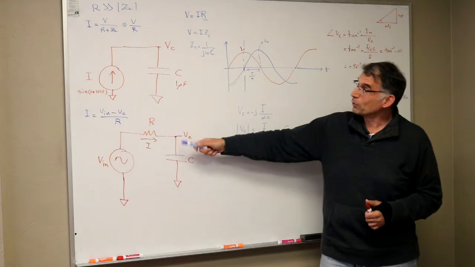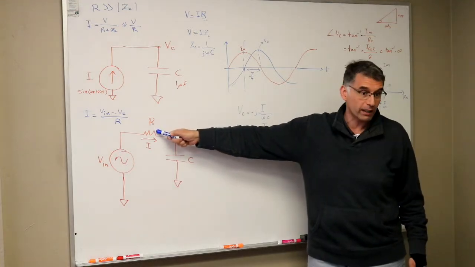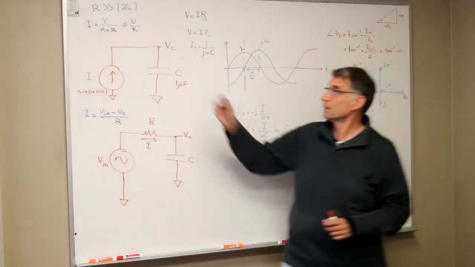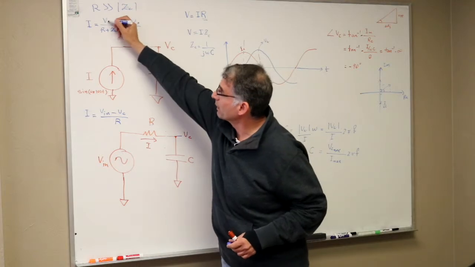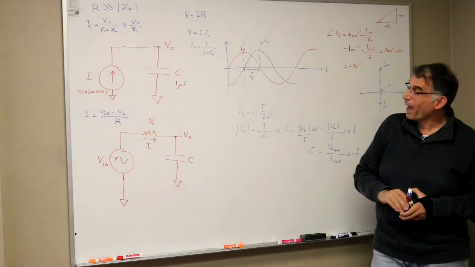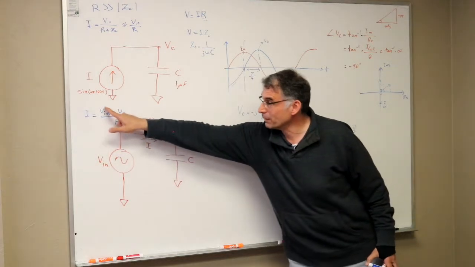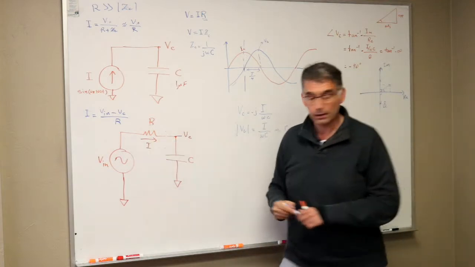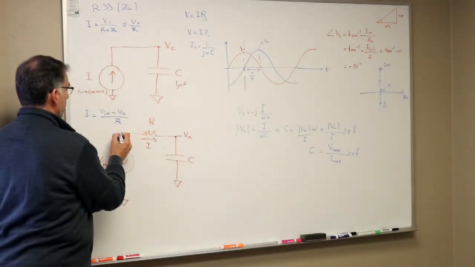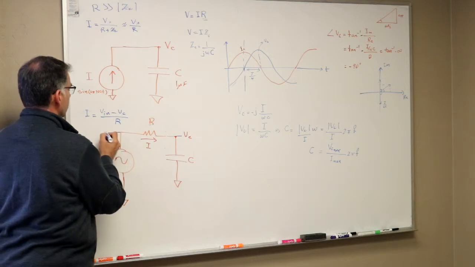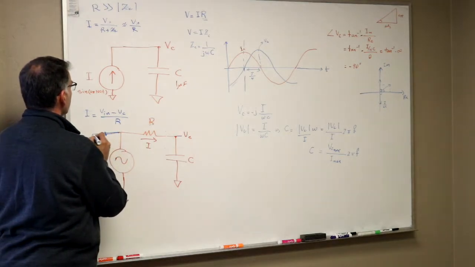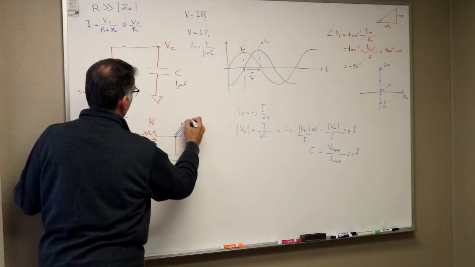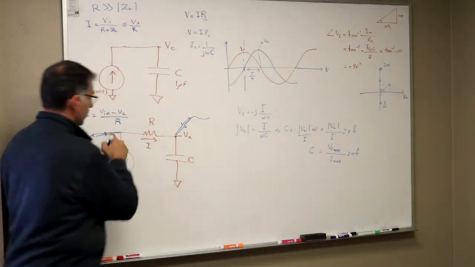And the way I have you do it, we could have put a large R here, and then just use V in over R. I could have done that, or what I'm asking you to do is V in minus VC over R. And to do this V in minus VC, you're putting a probe here, and I'm putting another probe here.